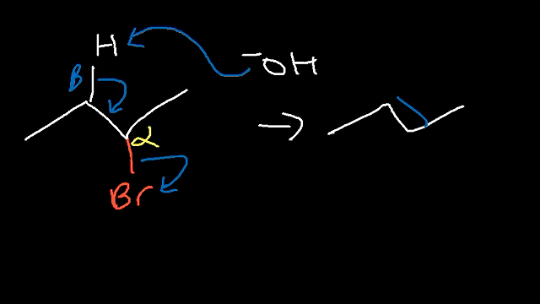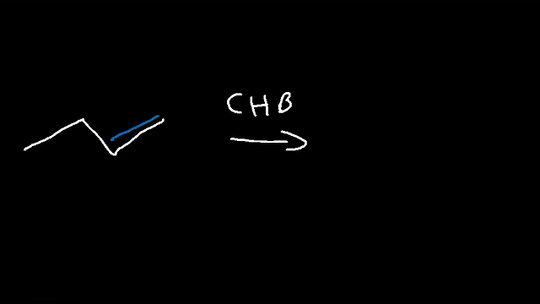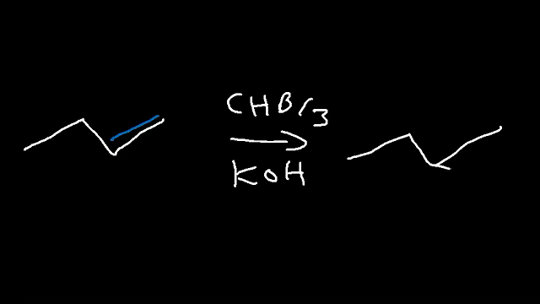So if that's a beta elimination reaction, what is an alpha elimination reaction? There's a reaction that you've learned in the electrophilic addition of alkenes where it looks like this. Let's say you have an alkene and you add CHBr3 with KOH, you're going to get a cyclopropane ring, and this carbon is going to have 2 bromine atoms.